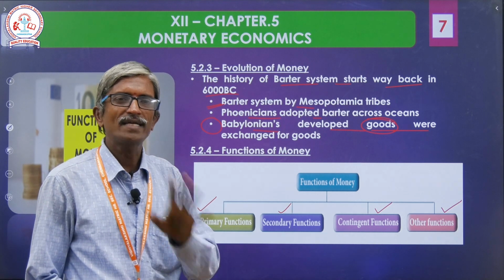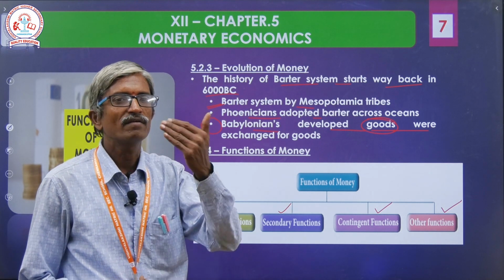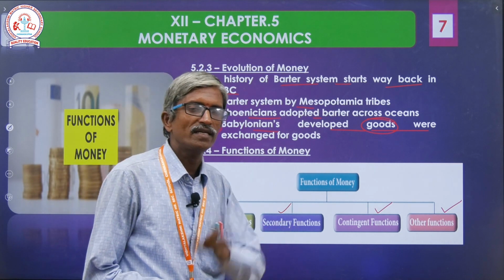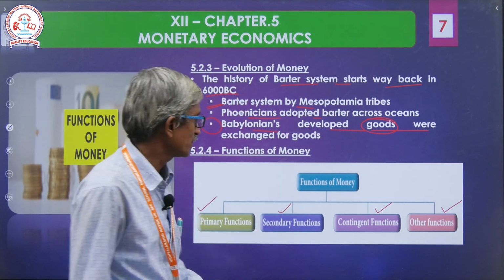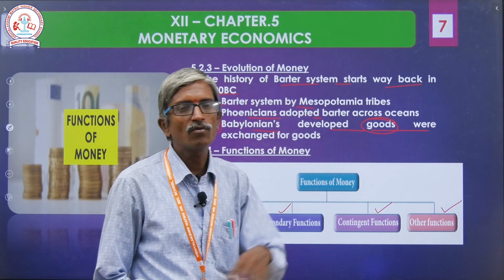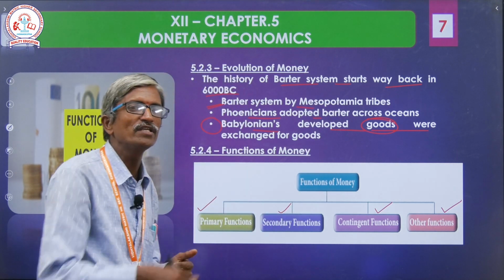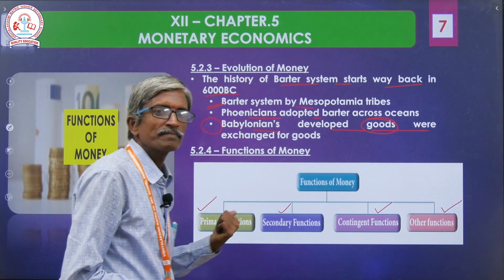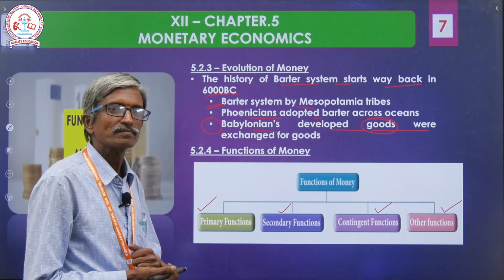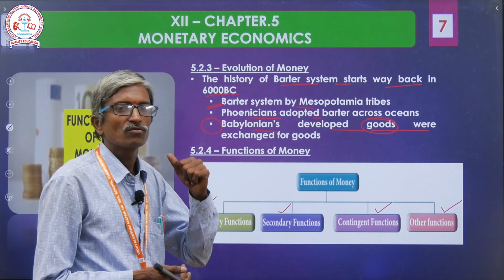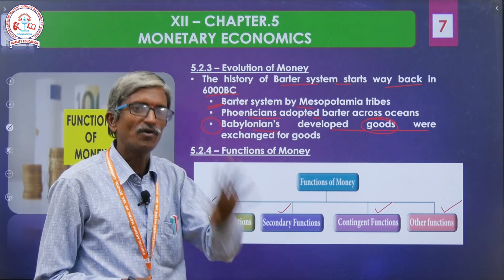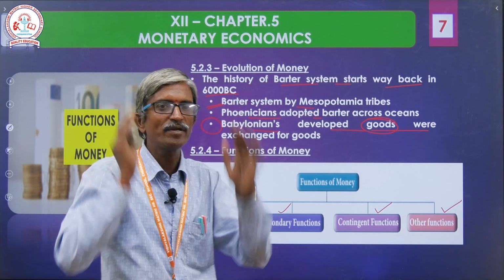Primary, it acts as a medium, already discussed. Then secondary has 3 more steps, contingent 4 more steps, and other functions 2 more steps, and we have to list them out one by one. Clear? It's an important 5 mark, so we have to go through the functions very clearly and keep this in mind.